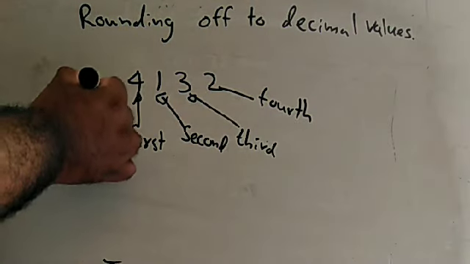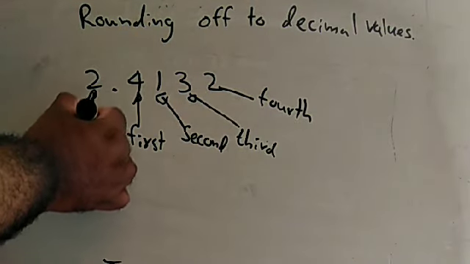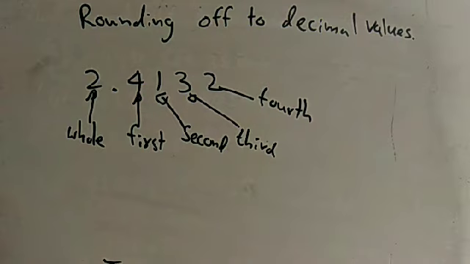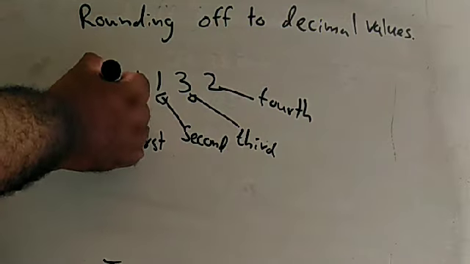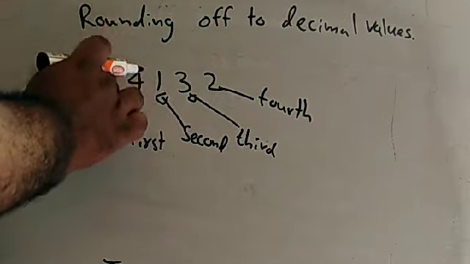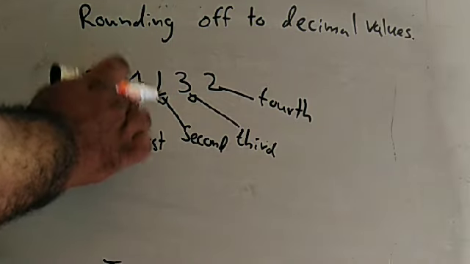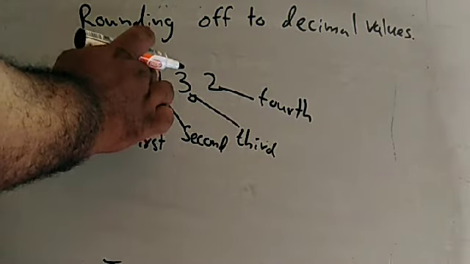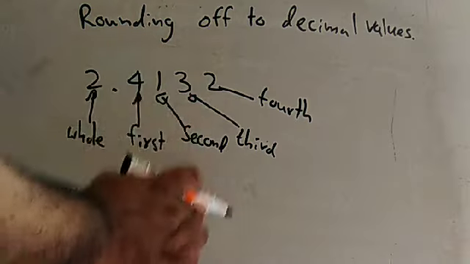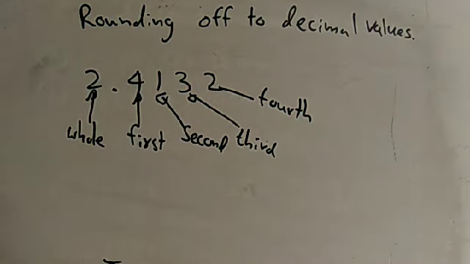This is the whole number. After the decimal, on the right hand side, first one is the first decimal place, then second, third, and fourth decimal place. Understand?